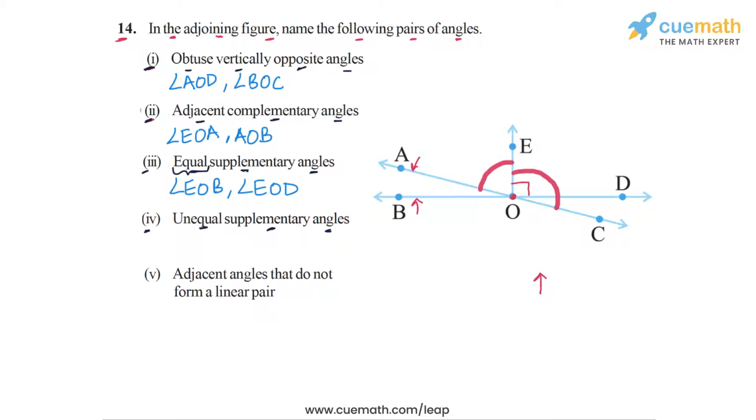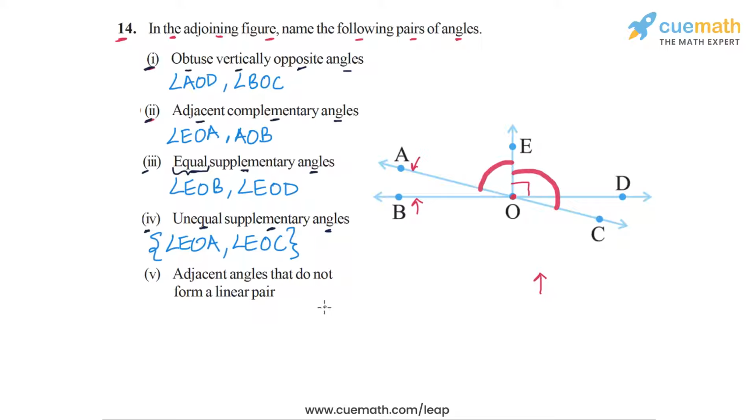So their sum will be 180, and hence they will be supplementary, and clearly these two angles are unequal. So one answer to this part could be angle EOA and angle EOC. These two angles form a pair of unequal supplementary angles.